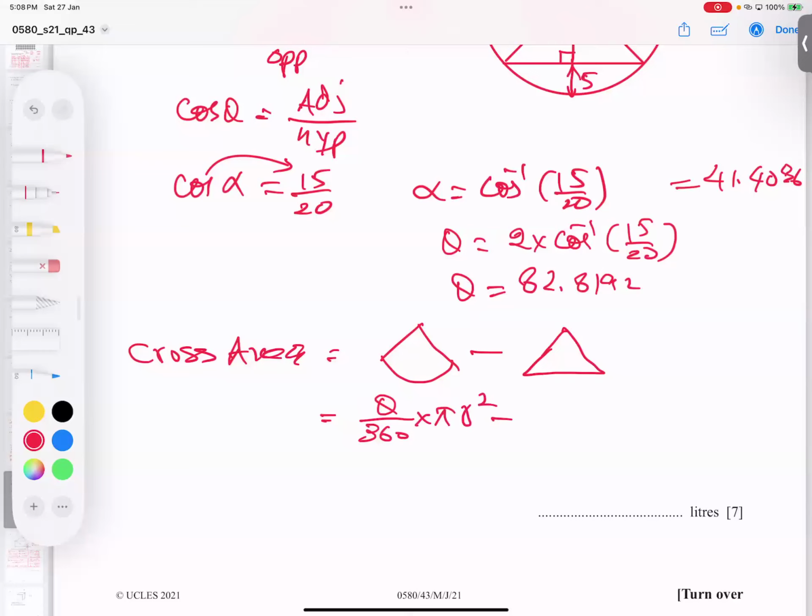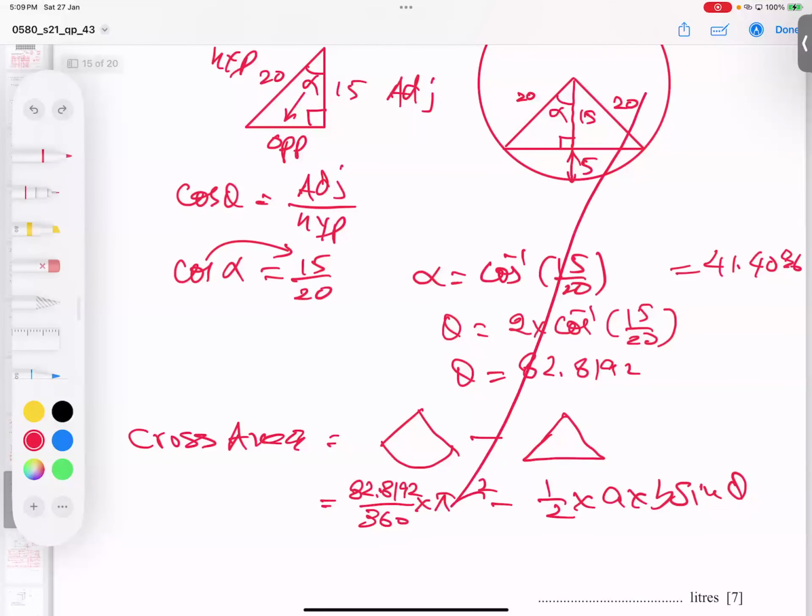And what is the triangle area, student? The formula is half times a times b times sine theta. So I use the values at the same time. Theta, I plug in this value here, 82.8192. And what is the radius, student? The radius is very clear, it is 20. Look, I show once again, this radius value I'm getting is 20.